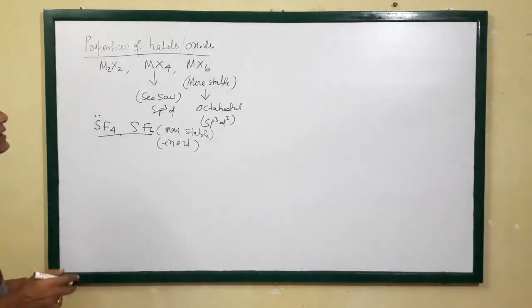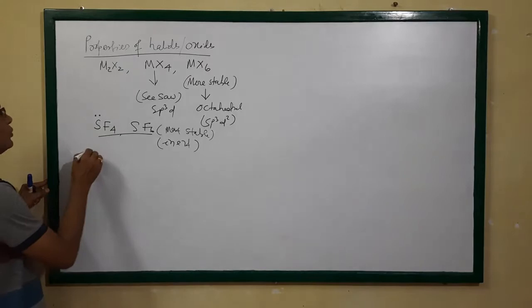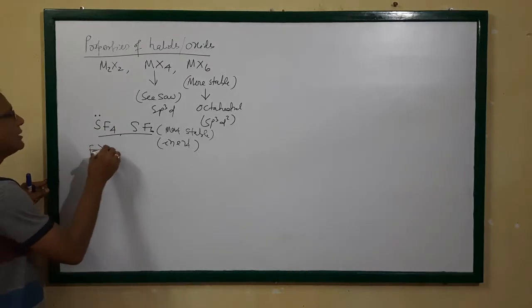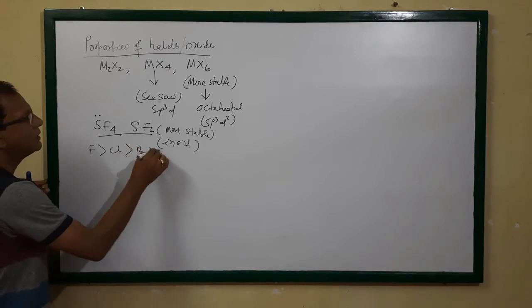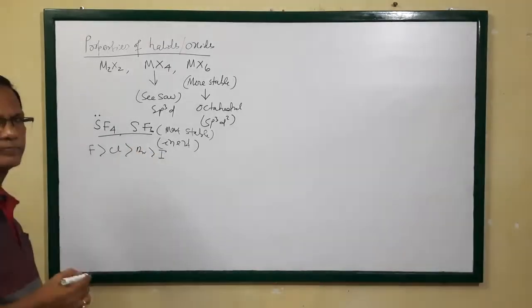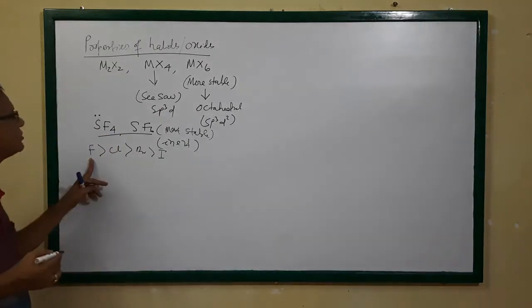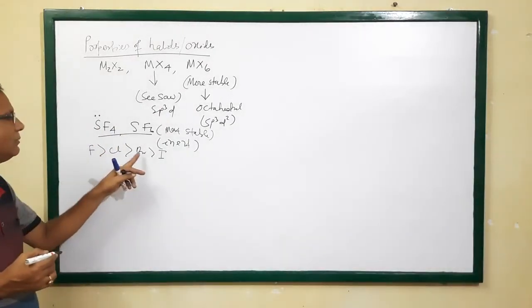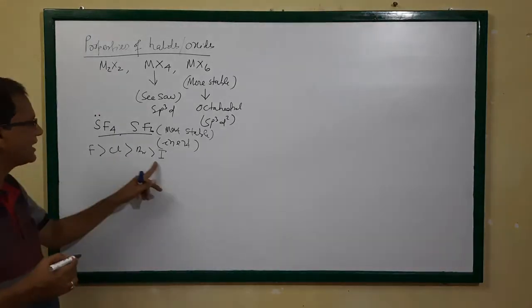If you see the reactivity, fluorides are more active than chlorides, then bromides, then iodides. So this is some reactivity of halides.